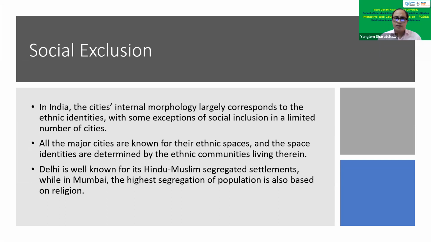If you look at Mumbai, the Hindu-Muslim segregation in different settlements is already evident in front of us, and we have seen a number of communal clashes happening in different cities, which we must try to avoid.